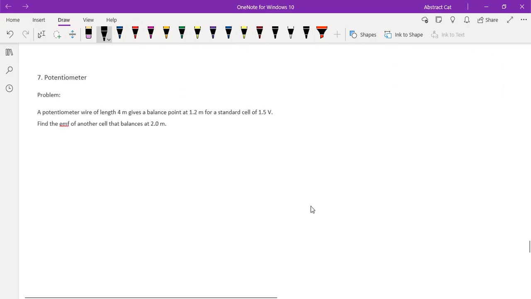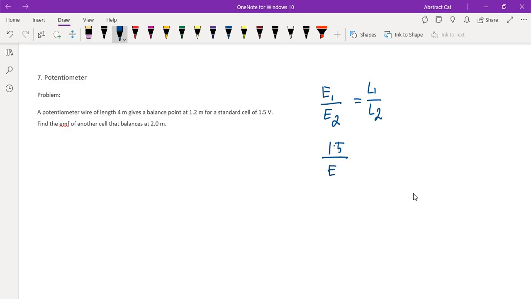Next, number 7. The potentiometer wire of length 400 meter gives a balance point at 1.2 meter. The standard cell is 1.5 volt. Find the EMF of another cell balanced at 2 meter. Okay. So the potentiometer formula is E1 by E2 equals length L1 by L2. 1.5 by E2 equals 1.2 by 2.